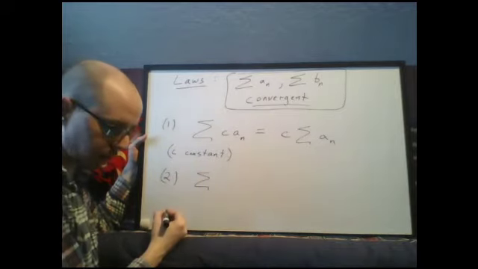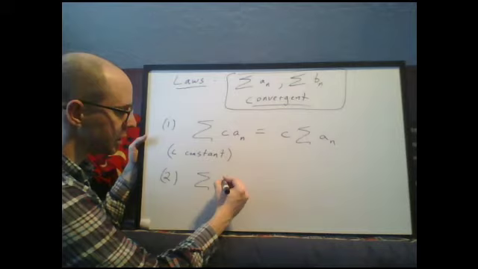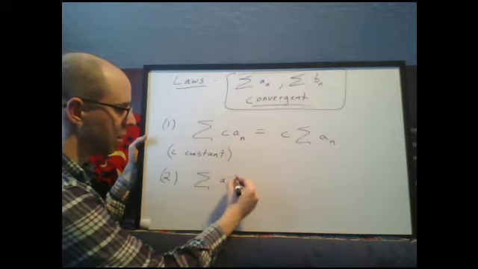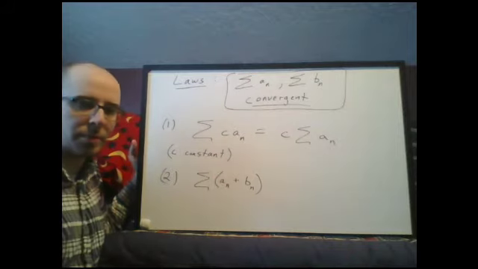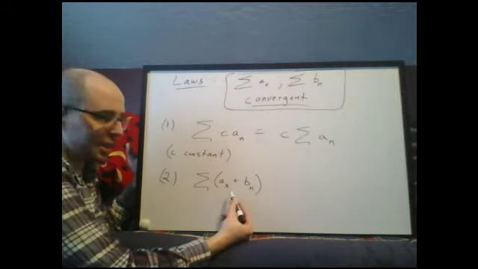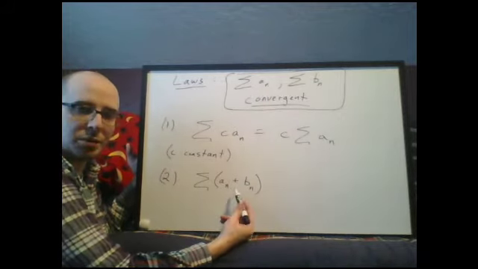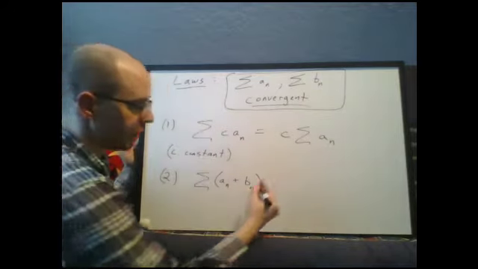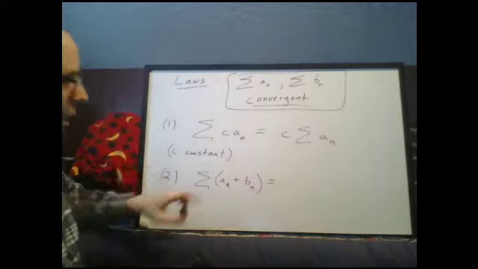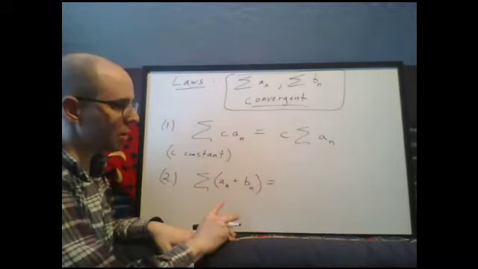And then the second law is, if I look at the series where the sequence I'm dealing with is the sum of the two individual sequences, a_n plus b_n, and then I add those all together. This is very important for this one especially.